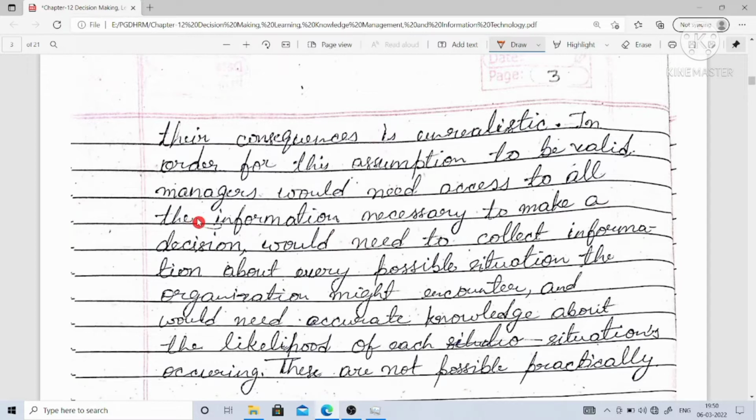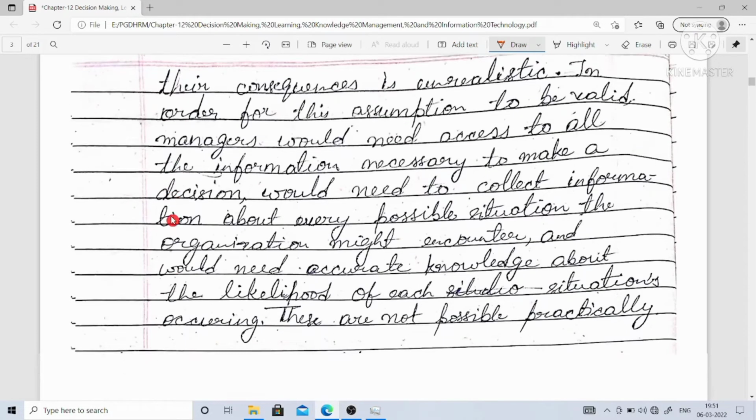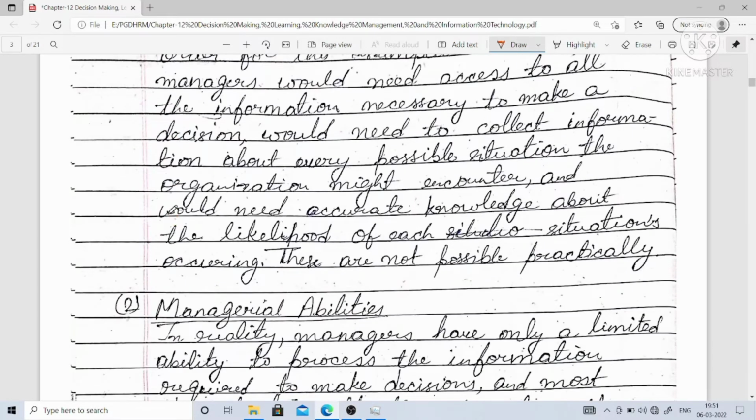It is not practical to collect each and every type of information, and it is also not possible to process it. So that's why it is an unrealistic assumption. These are not possible practically.